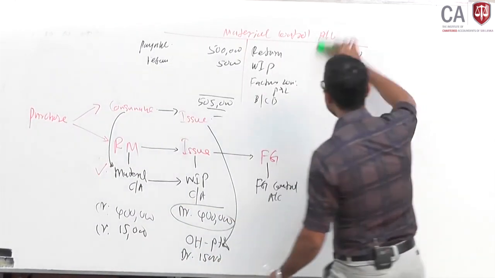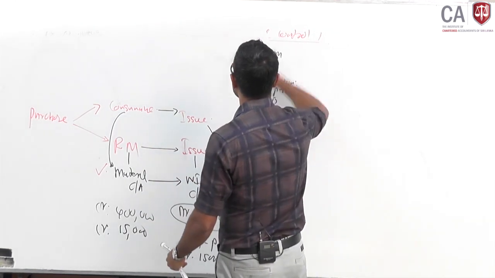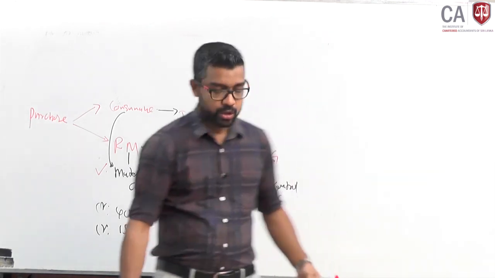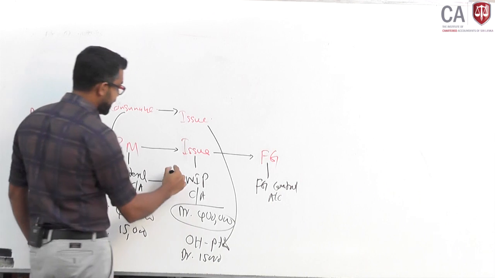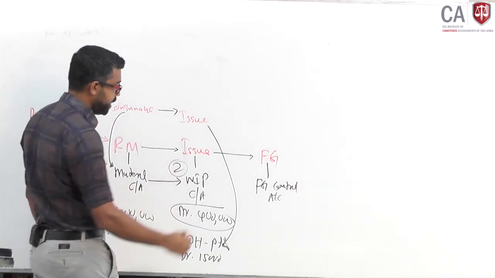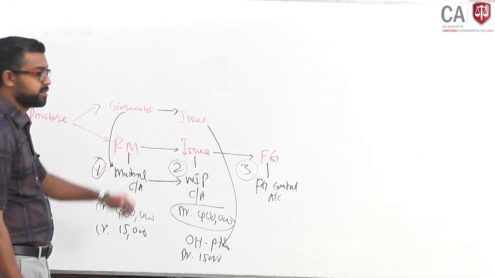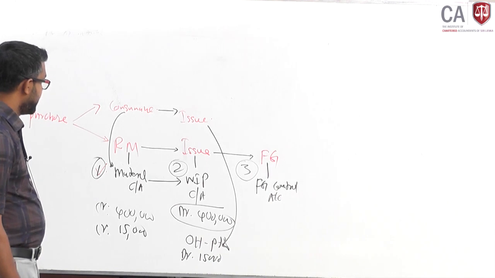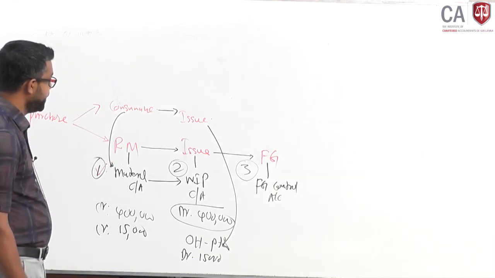Fine. Let me erase this to get some space. So here we have material control account first, WIP control account second, third one FG control account. In this integrated process, these are relating to purchases, right?